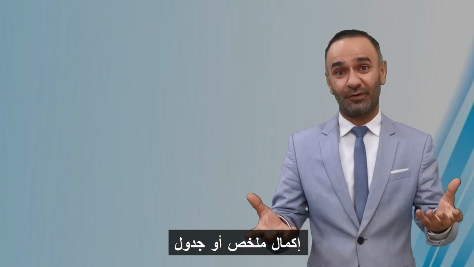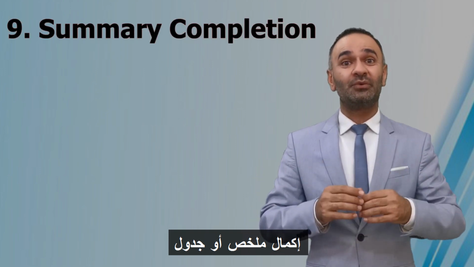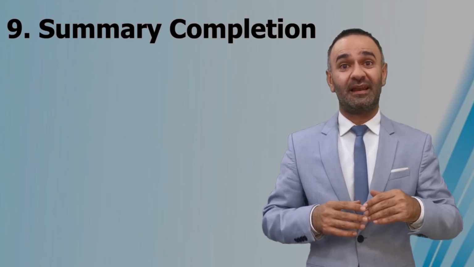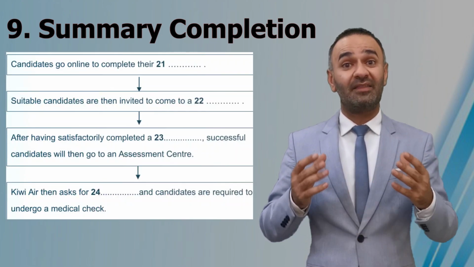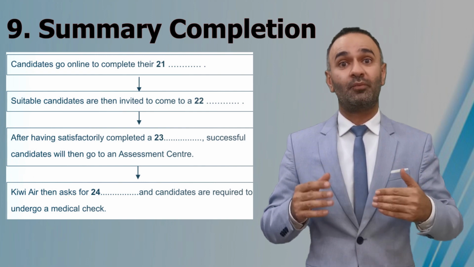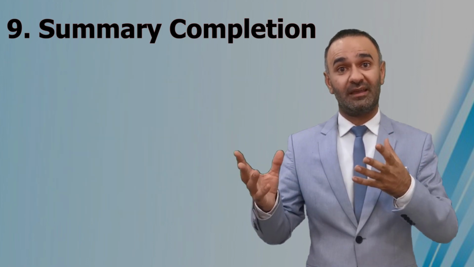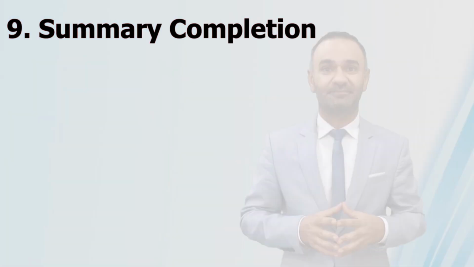A very important question in the reading test is the summary table or flowchart completion, in which test takers are given a summary of a section of the reading passage, and they're required to complete it from words taken from the reading passage.